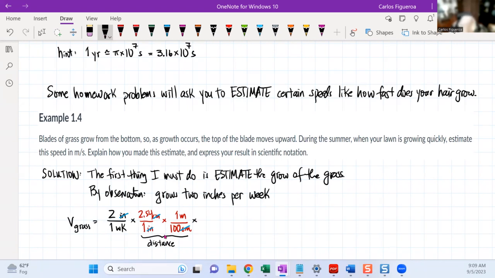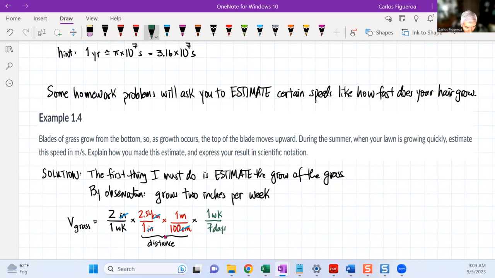Now I'm going to focus on time. When I look at my time, I'm going to convert to days, then to hours, and then to seconds. So I'm going to focus on a week. I know that 1 week is the same as 7 days.